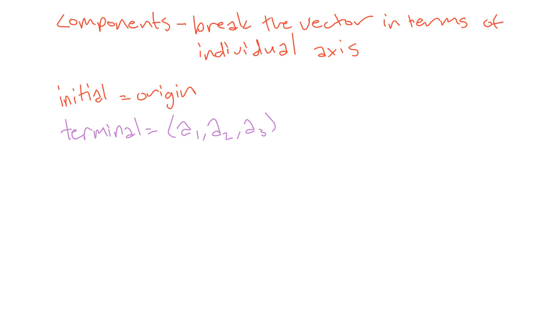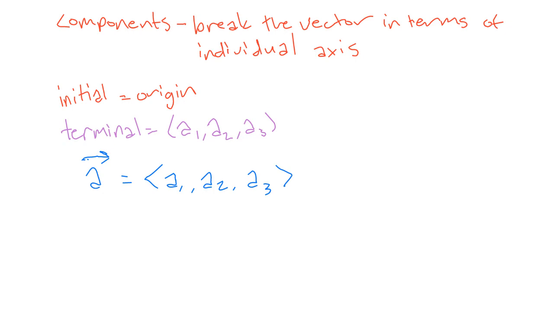So, like we said earlier, when we think of displacement, we're essentially going from point A to point B. So what we can do is say that our displacement vector A, when we're moving from the origin, is equal to ⟨A1, A2, A3⟩.